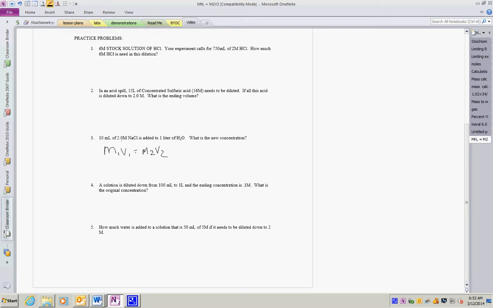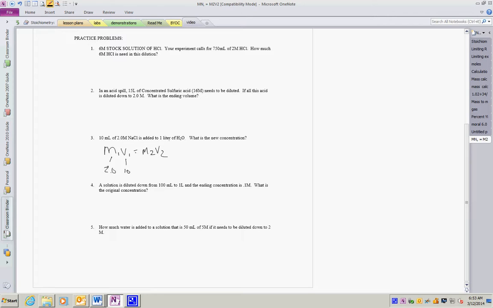10 milliliters of 2 molar NaCl is added to 1 liter of H2O. What is the new concentration? So I am taking a small amount of 2 molar, and I have 10 milliliters of this, and I'm adding a liter to it.